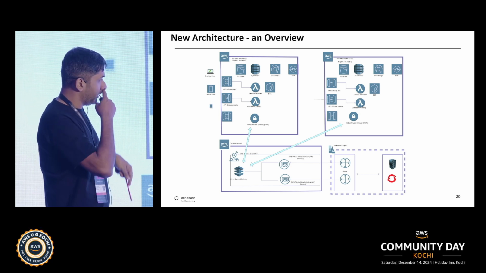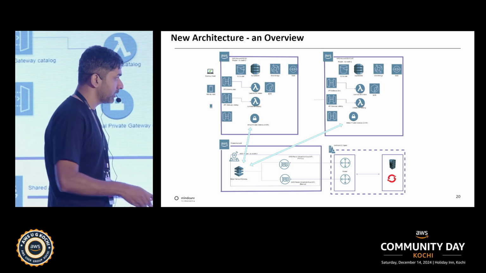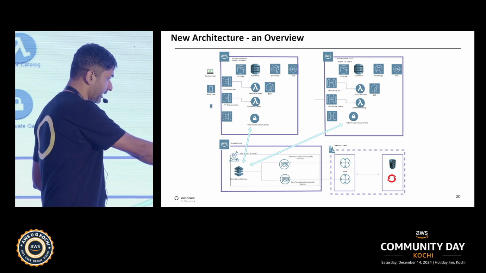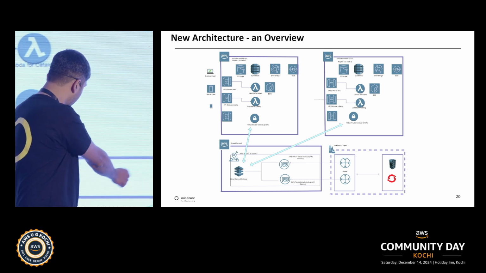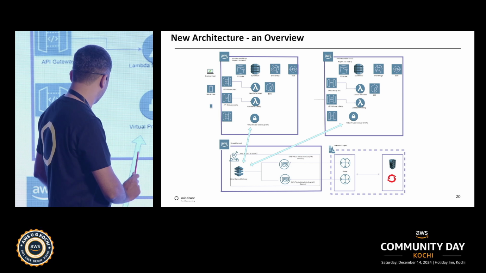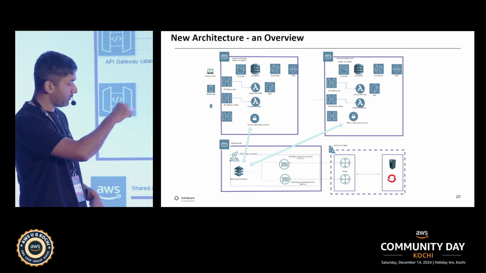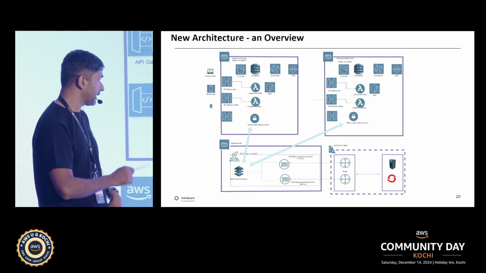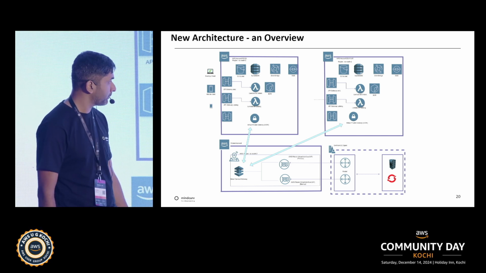And we also introduced AWS Direct Connect, which can easily connect the on-premise data center in Barcelona, Spain, to the AWS account in Spain. And from the AWS hub account, we are connected to the spokes via the virtual private gateway, and the other end is connected to the Direct Connect gateway.